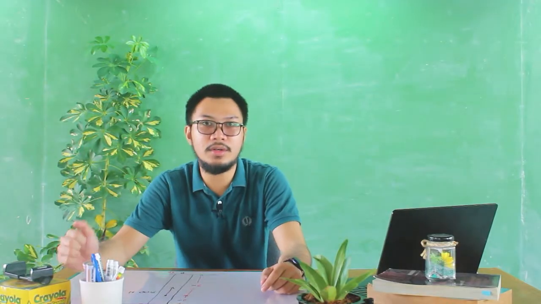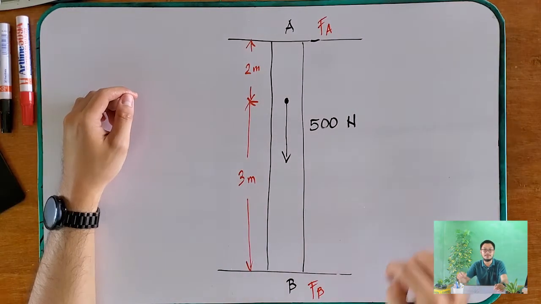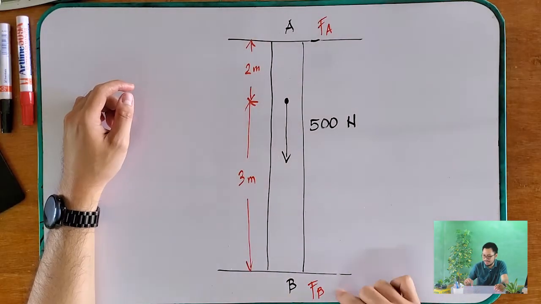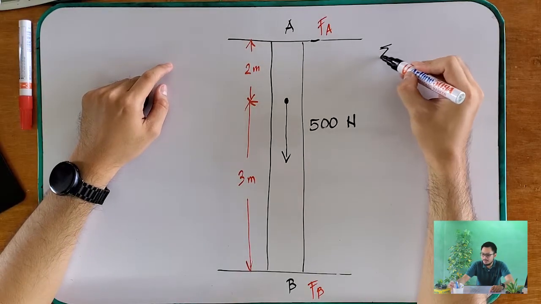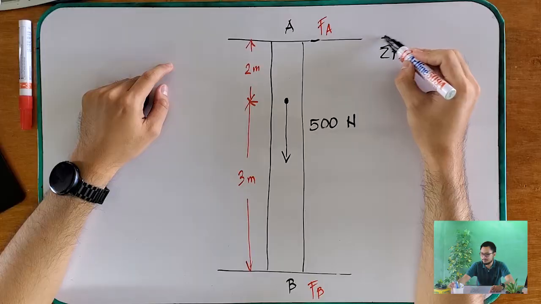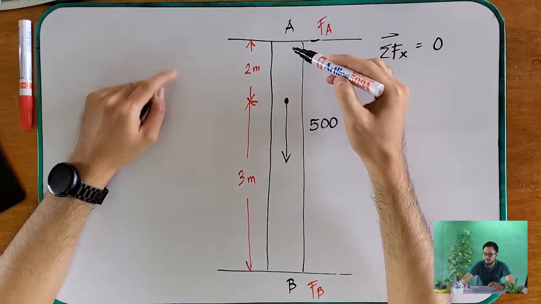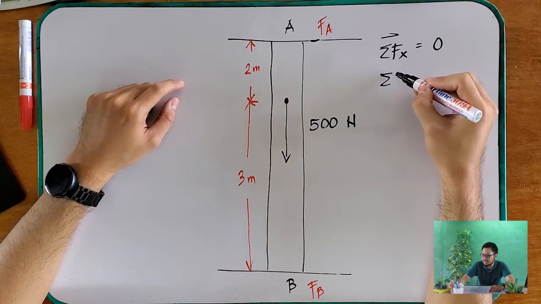Okay? So, based on your knowledge in statics, how can you solve for your force A and your force B? Your forces A and B are the supporting forces at points A and B. We usually use the equilibrium equations, right? So, can we use summation of forces along the x here? No, we can't. So this is 0 because we don't have any x components. Can we use summation of forces along the y here?